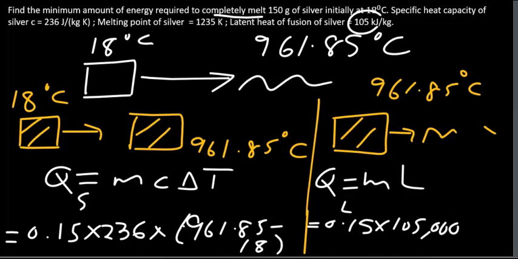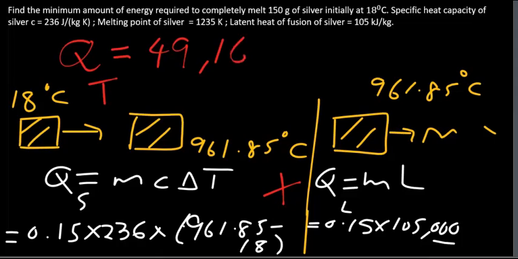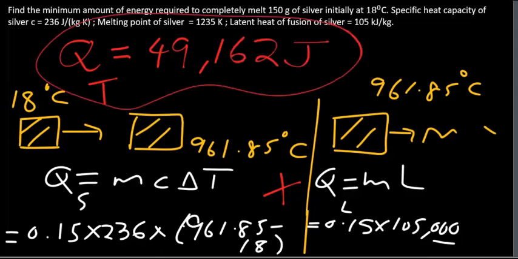Turn that into joules by multiplying it with 1,000. So 105,000 joules per kg. And the unit is also in joules. Adding these two terms, you get a total heat of 49,162 joules. So that is the answer to this problem.